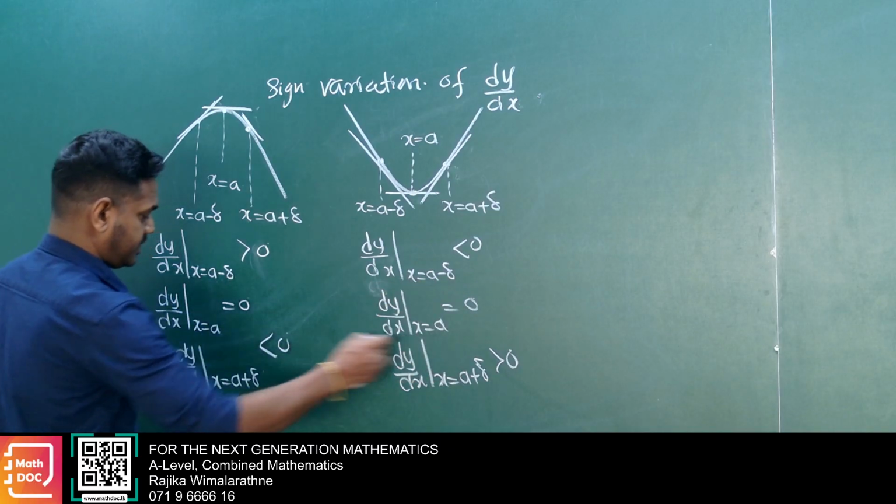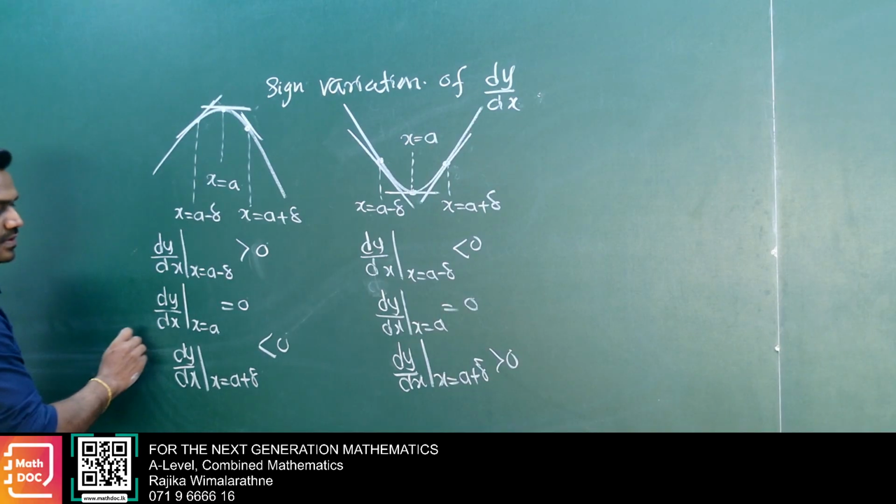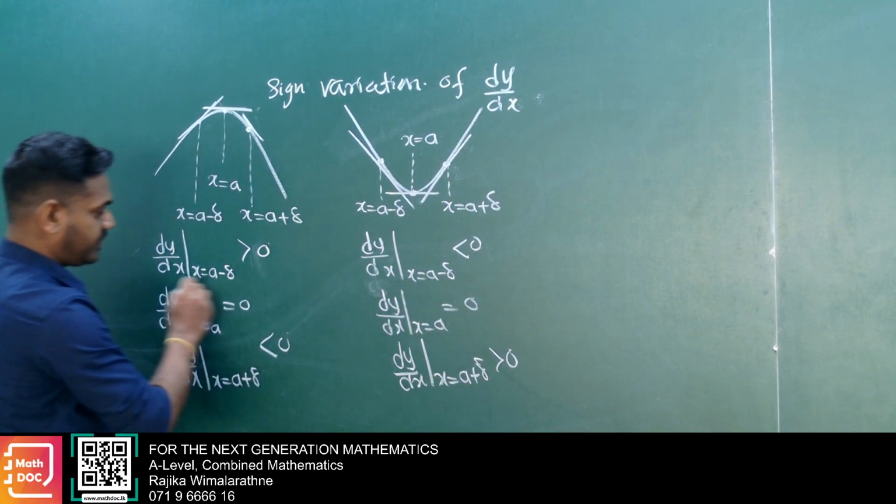Because of this sign you can find the critical point. Then the derivative 0 point we call the critical point.